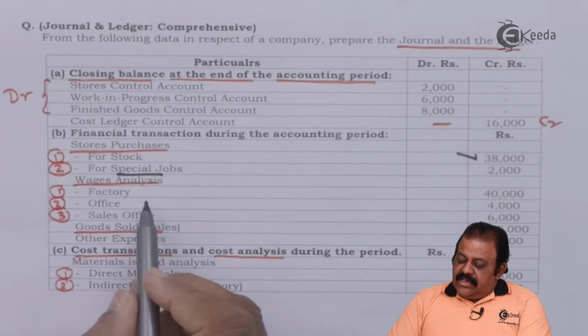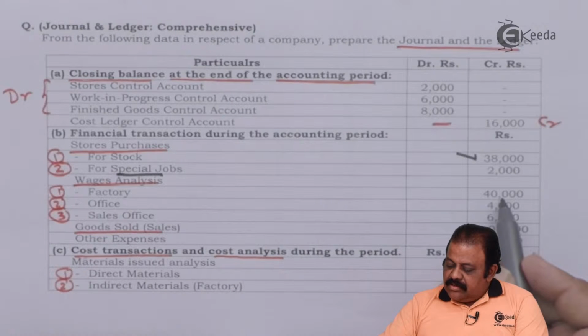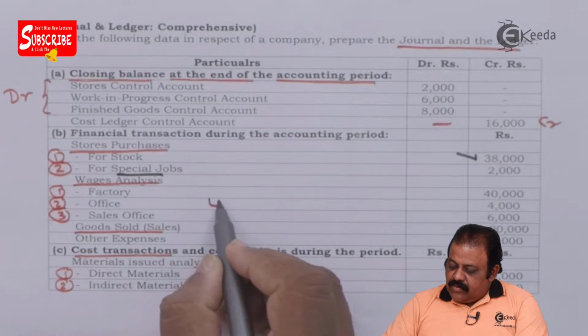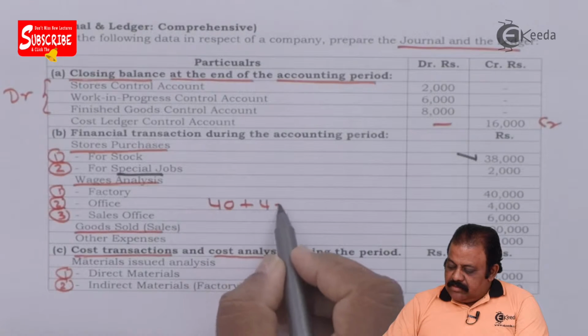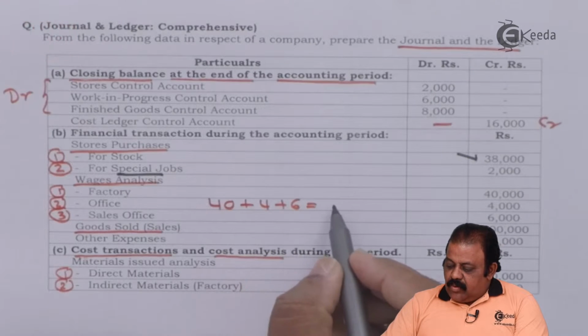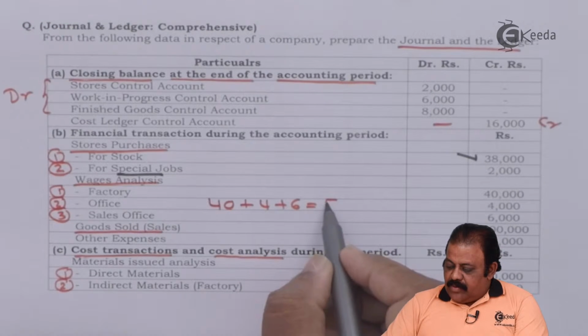Wage analysis: factory 40,000, office 4,000, sales 6,000. 40,000 plus 4,000 plus 6,000, total amount is 50,000.